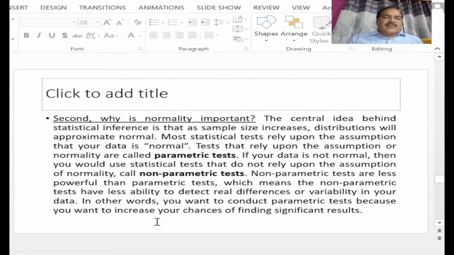Second, why is normality important? The central idea behind statistical inference is that as the sample size increases, the distribution will approximate normal. Most statistical tests rely upon the assumption that your data is normal. And if the data is normal, we can go for parametric statistics or tests. And if our data is not normally distributed, in that case we can go for non-parametric tests.